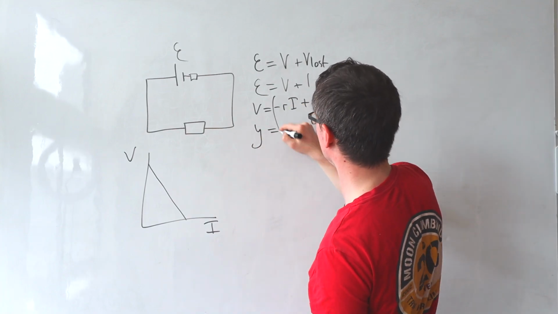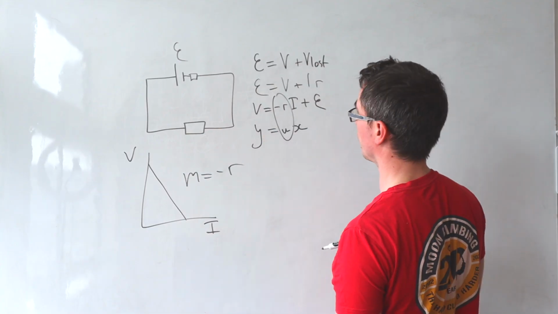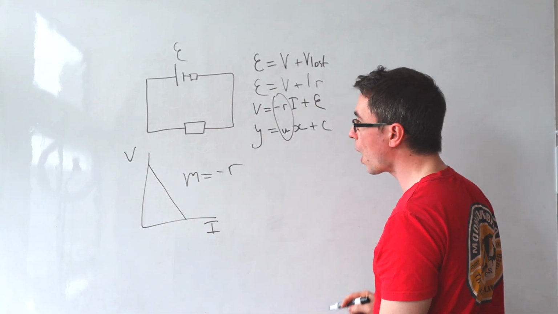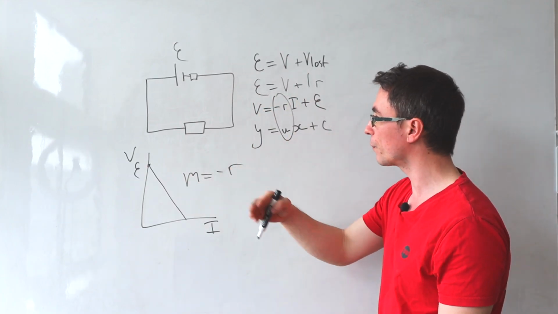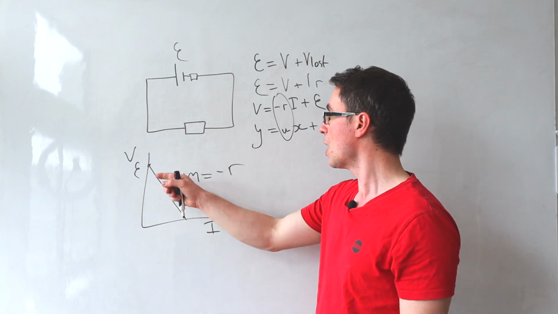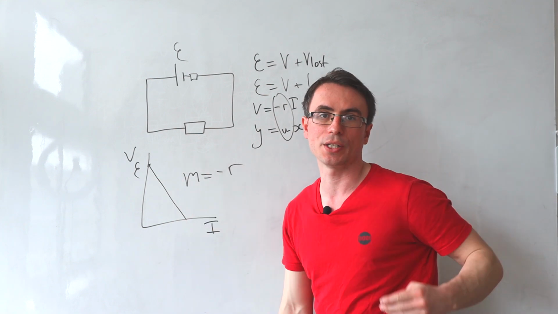This would mean that our gradient m will be the negative of the internal resistance, and my y-intercept will be equal to the EMF. Very often in something like a multiple choice question, they might ask us what is the EMF, and it's typically just the y-intercept.